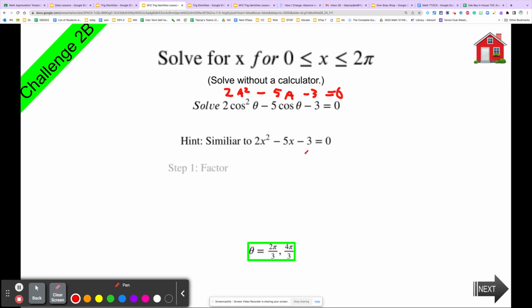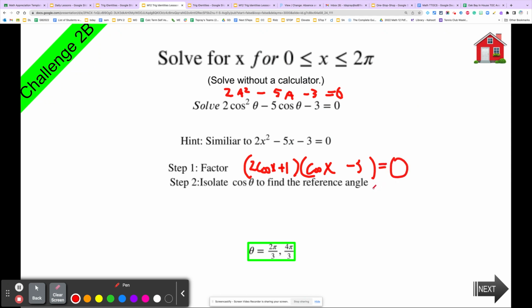So the first thing you want to do is factor it, okay? And I trust that you know how to factor by this point. So basically it's going to look like 2 cos, I'm going to say x just because it's a bit easier with the pen that I'm using, and cos x minus 3 plus 1, and that's all equal to 0.